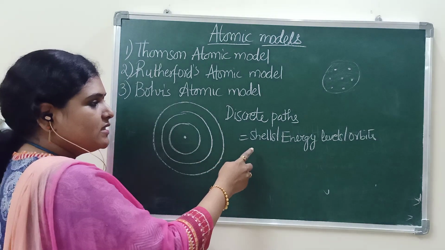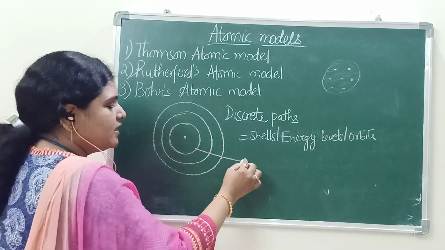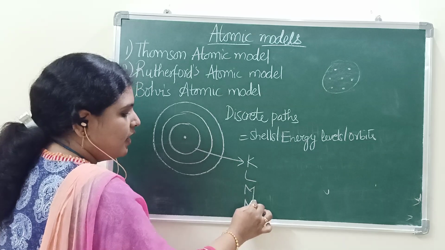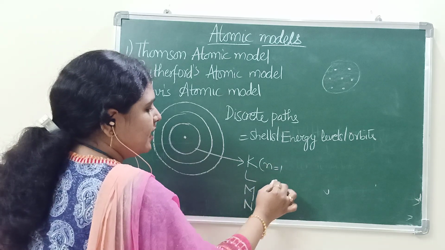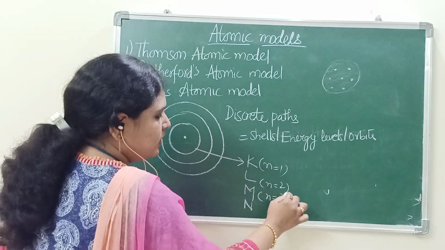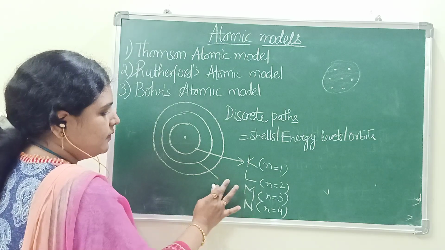These are called shells, energy levels or orbits, represented by K, L, M, N. K is one shell, n equal to 1, n equal to 2, n equal to 3 and n equal to 4, like this.